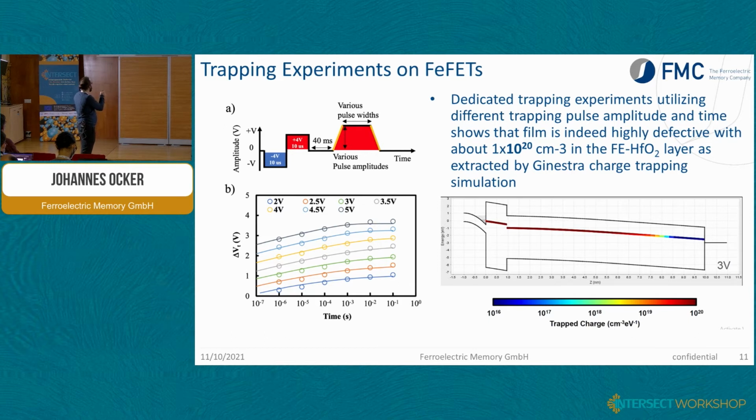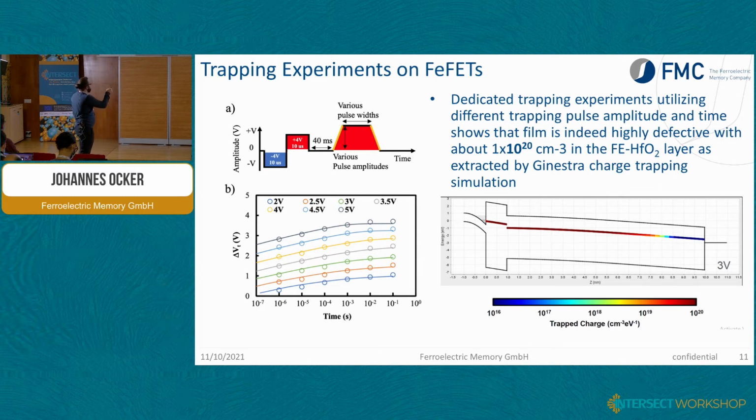So here we go from 1 microsecond to 1 second, or 100 milliseconds. And then we can see that it shifts up to 3 volt. Then Ginestra can take this data and extract the trap density out of it. So this is what is shown here. This is the band diagram.